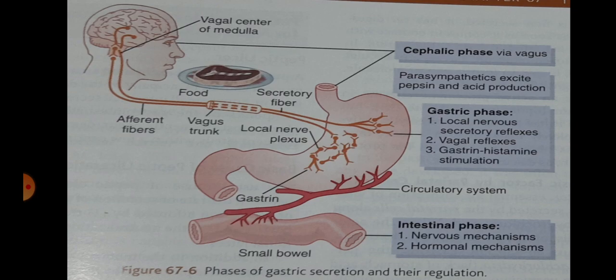In fact, the enterogastric inhibitory reflexes plus inhibitory hormones, say gastrin and others, usually also reduce the stomach motility at the same time that they reduce gastric secretion, as discussed in chapter 74.